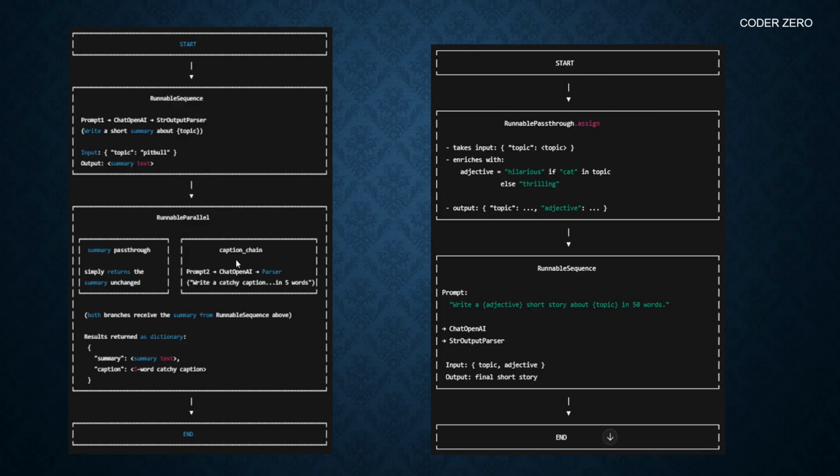Hence we are creating the summary first. We are giving that as input to both of these runnables. This runnable is creating the caption, and this is a runnable pass-through. This is simply receiving the summary and passing that to the next level unchanged. And in this way, at the end we have both the summary and our created caption.